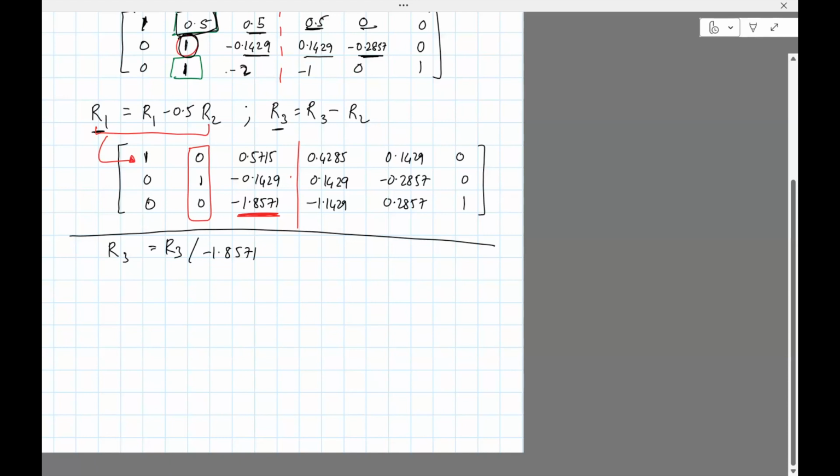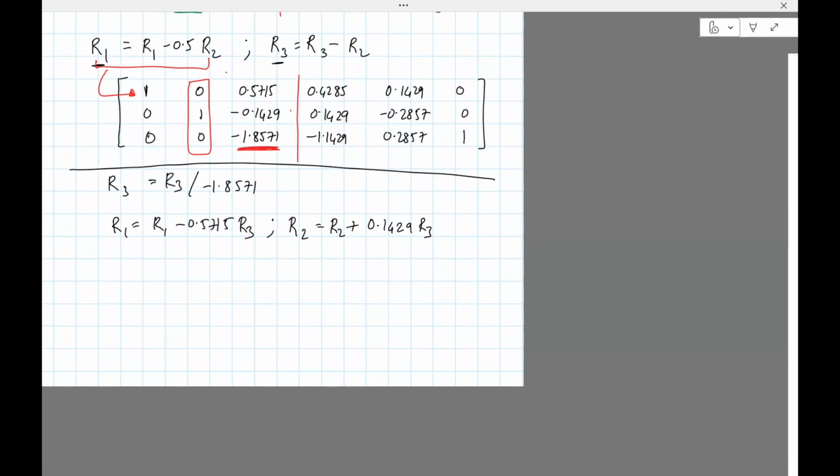And then you need to do this: row 1 equals row 1 minus 0.5715 row 3, and row 2 equals row 2 plus 0.1429 row 3. I'm really copying from my notes, but please try to do it and check the answer.